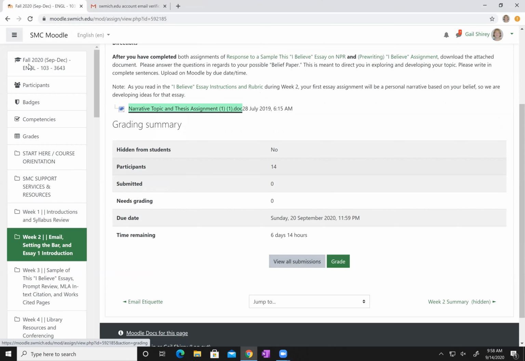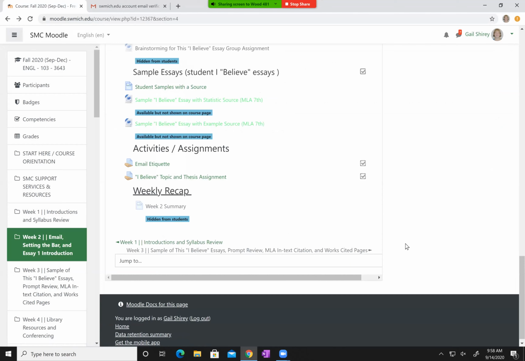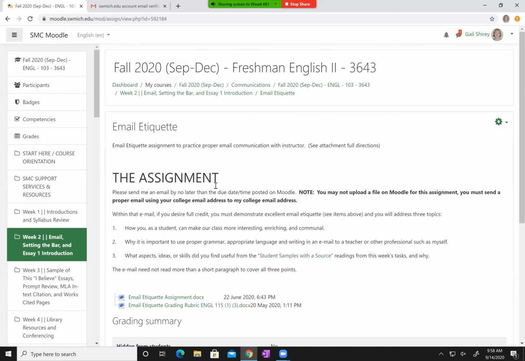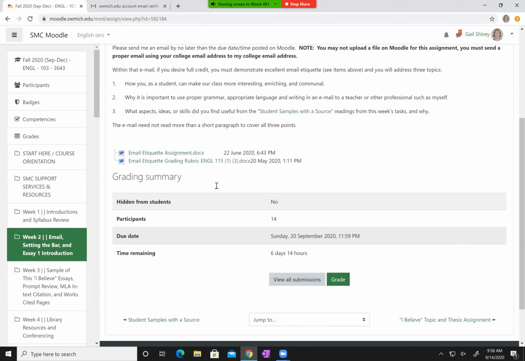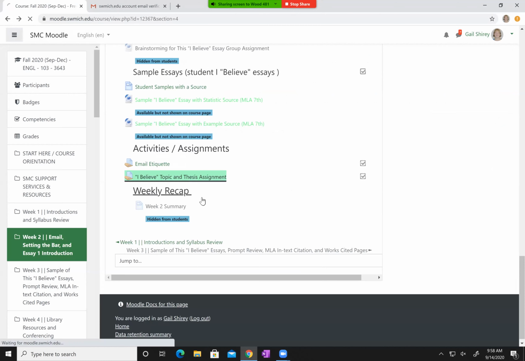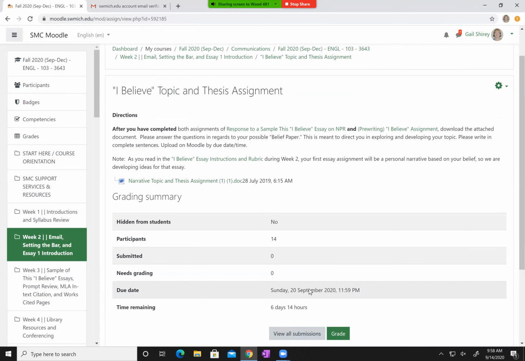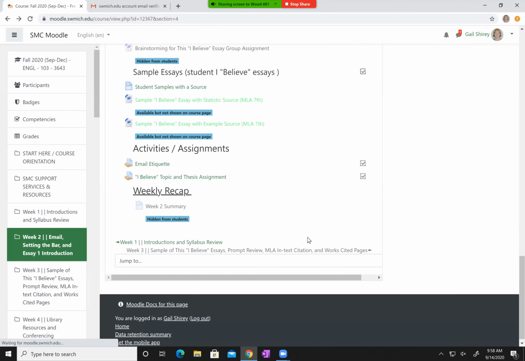Good so far? So those 2 items are due. Let's check because I forgot. So in the assignment, they always tell you when it's due. This one is due Sunday, September 20th, 1 minute before midnight. I believe the other one is due that time as well. Yep, Sunday, September 20th. So week 2 items are due September 20th. Now you will remember all of week 1 items are also due September 20th.